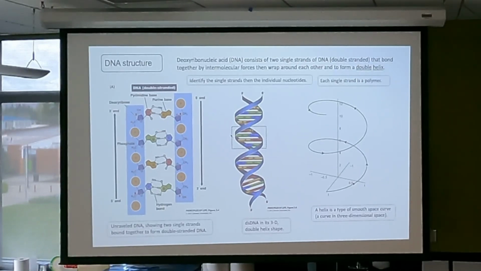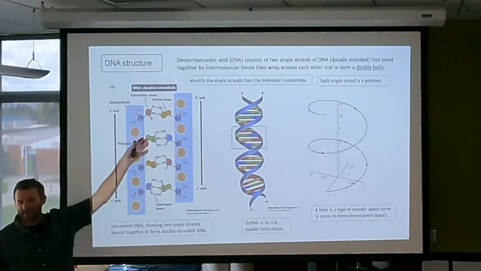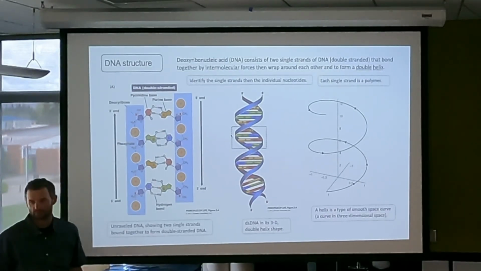This is just magnetic forces, if you will. They're not chemically bound, but they are stuck like a magnet. Individually these hydrogen bonds aren't that strong, but you put a lot of them together and then they have a little bit of strength.